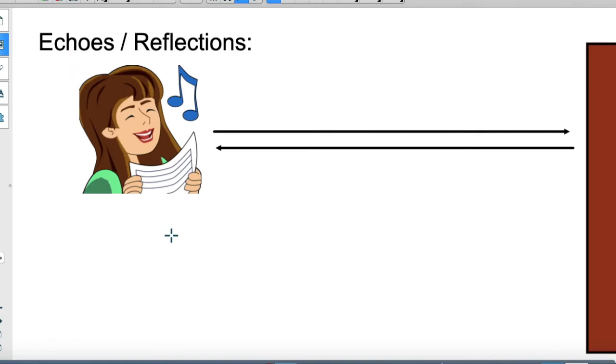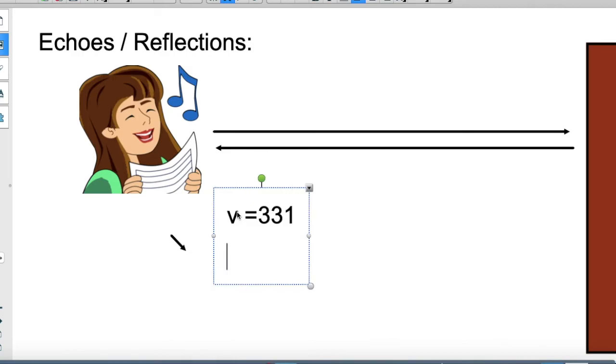So if we know the velocity is, let's say, 331, and we know v equals the distance divided by the time, then if we know how far it is to that wall, the distance it'll travel is twice that, and we can solve for the time.